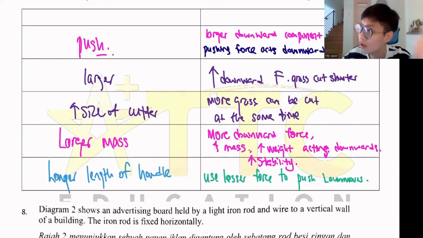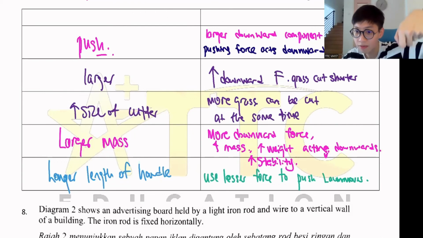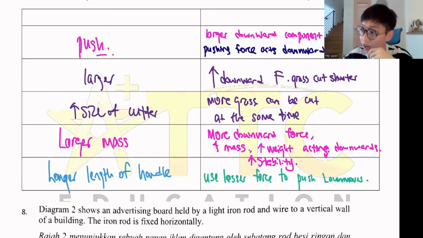If you use a very short metal versus a longer metal, which one will be easier to prise open? Obviously the longer one, right? Yeah, so that's why.